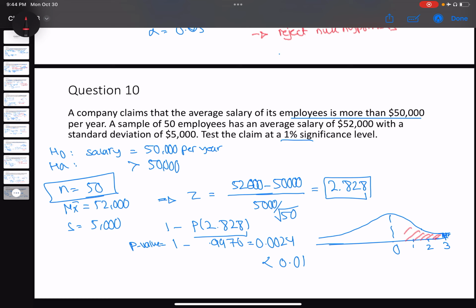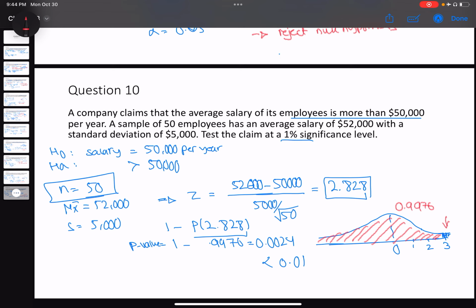This is the probability that we calculated as 0.9976, and this is where the Z for the average falls.